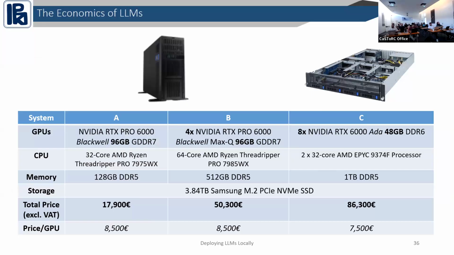And now the economics of LLMs. If you want to do some local deployment of LLMs, you can set different price points depending on the capabilities you want your infrastructure to have. So the first one, the simplest one that we could build ourselves, is one RTX Pro 6000 Blackwell GPU, 96 gigabytes of RAM.